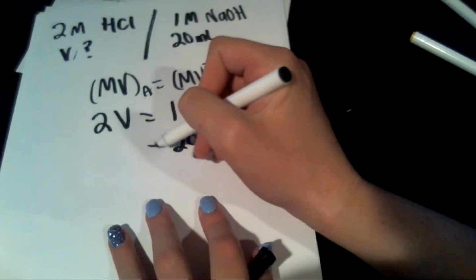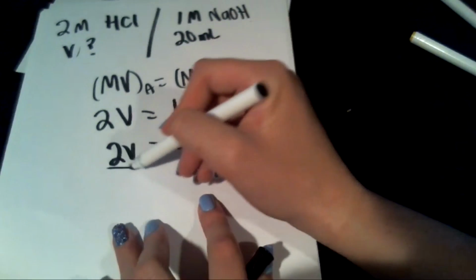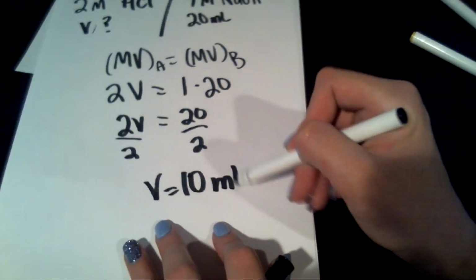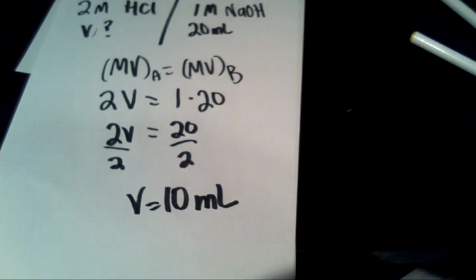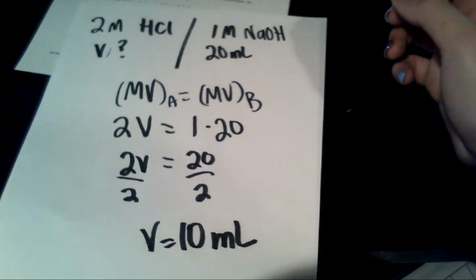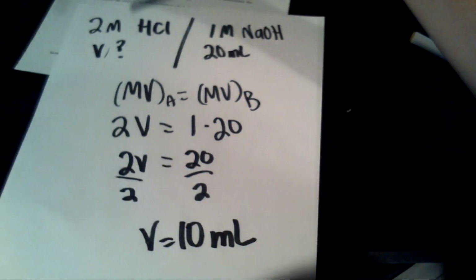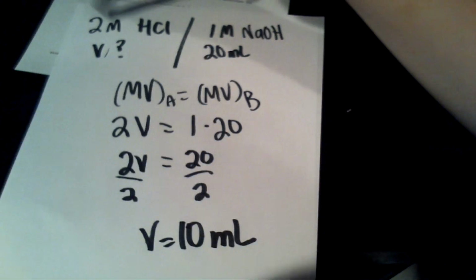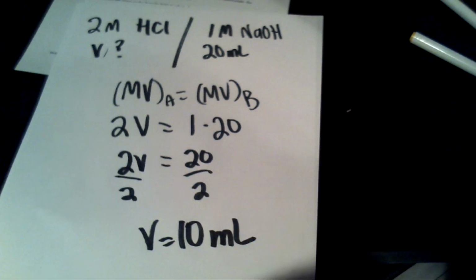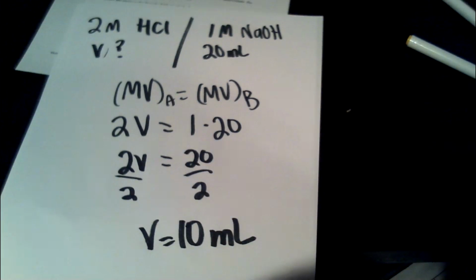We have 2 times an unknown volume is equal to 1 times a volume of 20. 20 equals 2V, divided by 2. V equals 10 milliliters. I would need 10 milliliters of the acid to neutralize 20 milliliters of the base. The reason is because this is twice as much HCl as we have here.